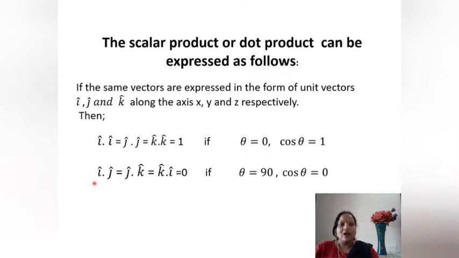Also i dot j is equal to j dot k is equal to k dot i is equal to 0. In this case, theta is equal to 90 degrees, and cos 90 is 0. Therefore, i dot j equal to 0, j dot k equal to 0, k dot i is equal to 0.